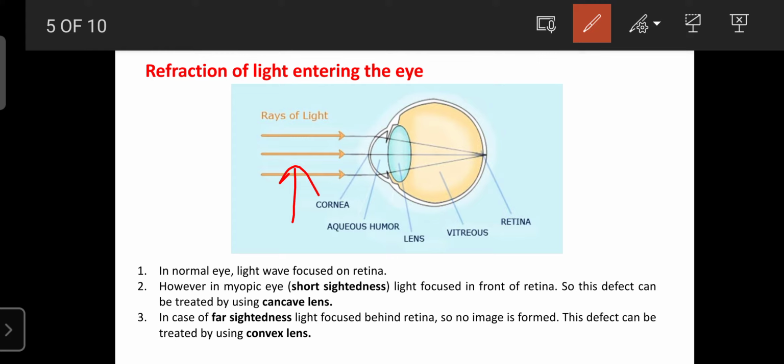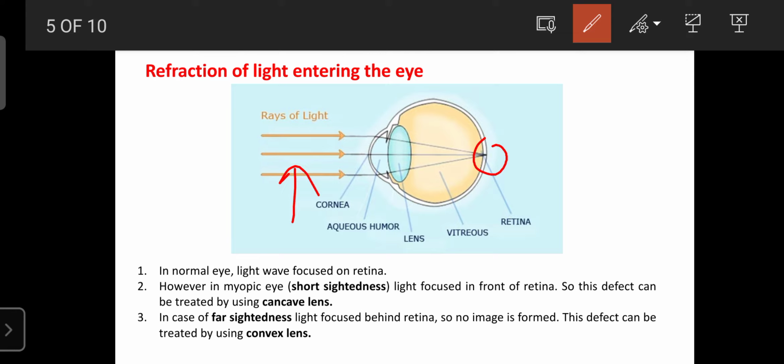But due to the phenomenon of refraction of light, in some conditions those rays are bent, and that bending process helps the light to fall exactly on the retina. That process is known as the refraction of light.